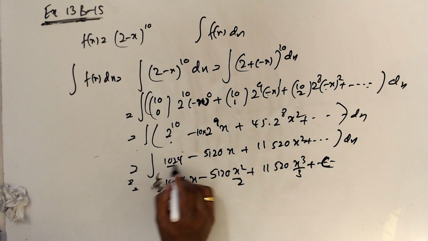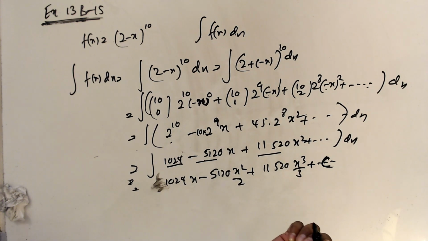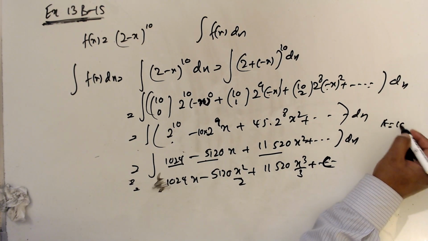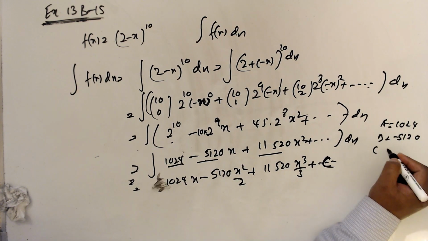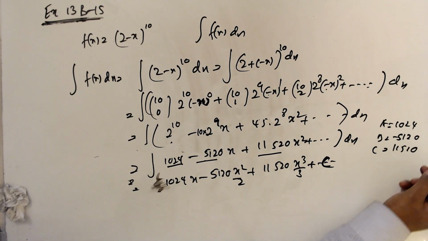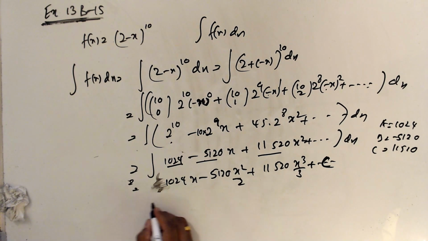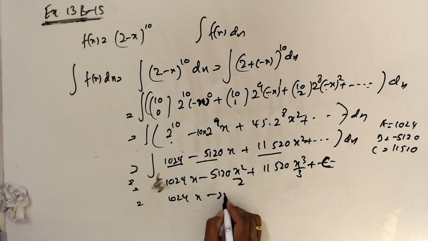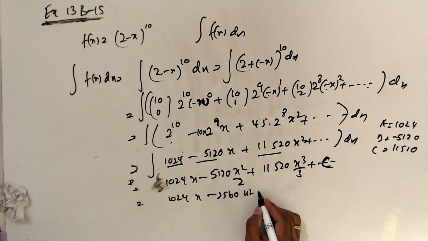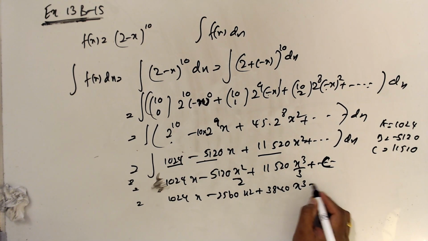So those are the a values, this is b and this is c. Now, yes, we are basically done. This is 1024x minus 2560 x squared plus 3840 x cubed plus c.